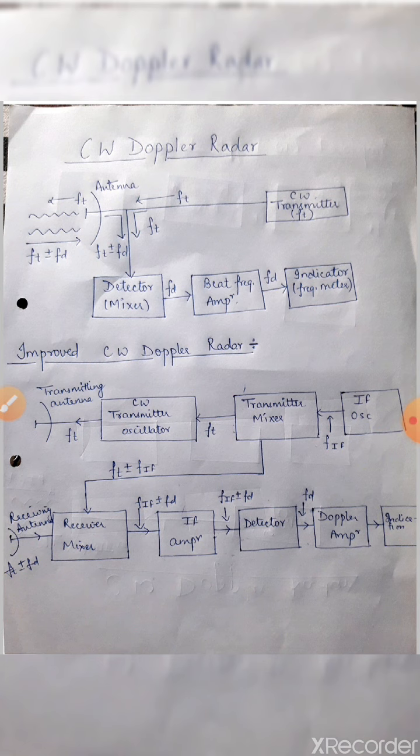As we are seeing in the block diagram, the transmitter part transmits the continuous wave signal at frequency Ft, which is then radiated by the antenna. This frequency is shifted by plus minus Fd, as you all see here, due to the Doppler effect when the echo signal is received.